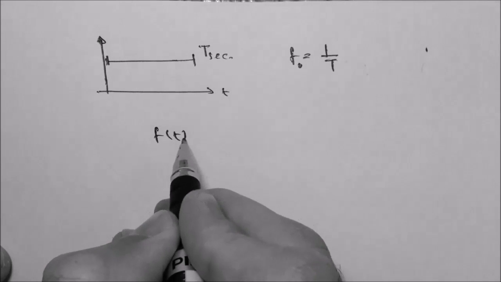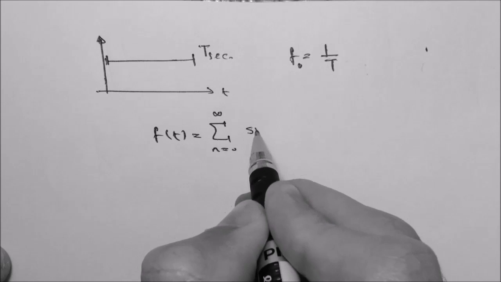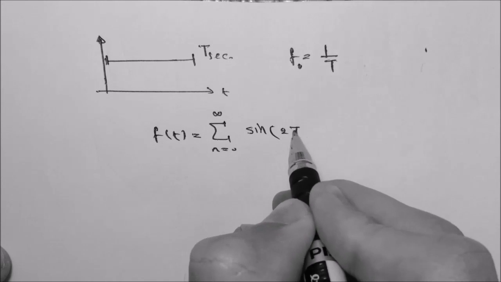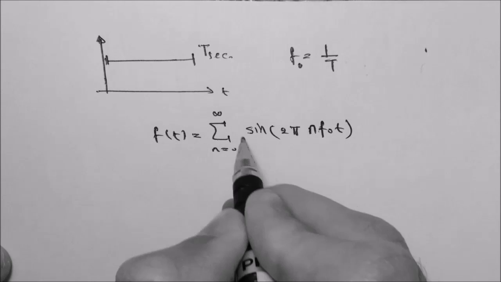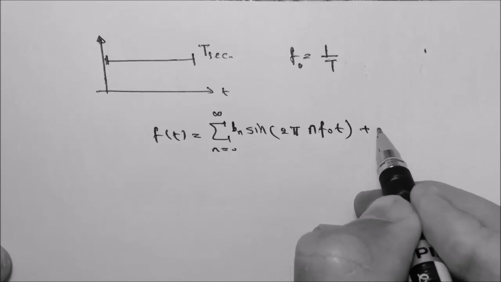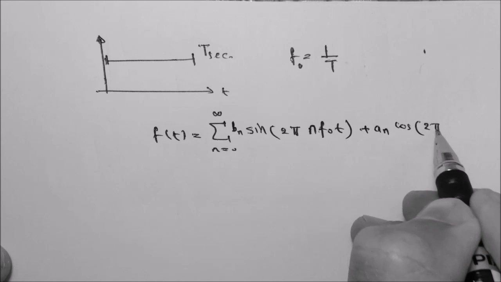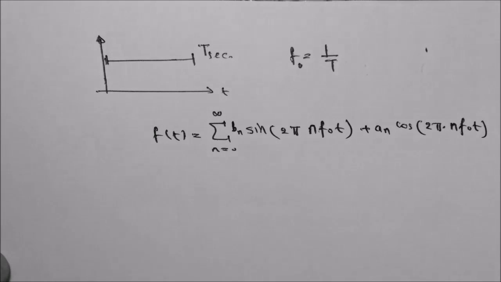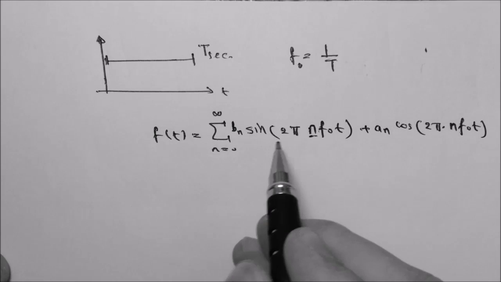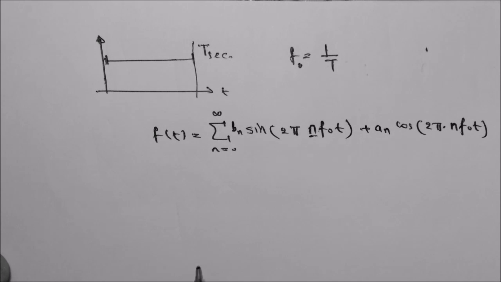We assume that f of t equals an infinite sum of sinusoidals that are multiples of f naught: bn sine 2 pi n f naught t plus an cosine 2 pi n f naught t. So when n equals 1, we have a fundamental component with a frequency of f naught, and then multiples of f naught: 2f naught, 3f naught, 4f naught, and so on.